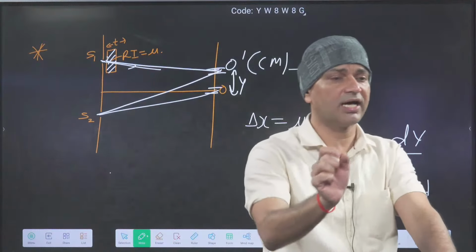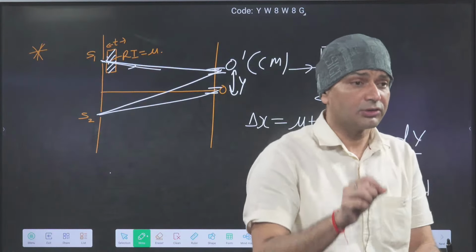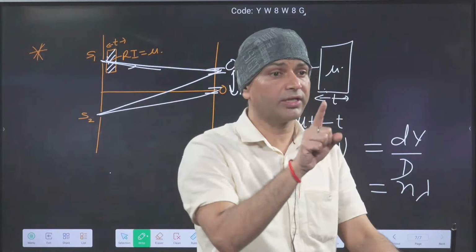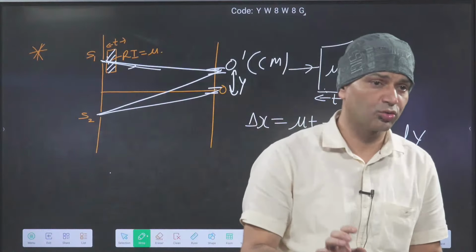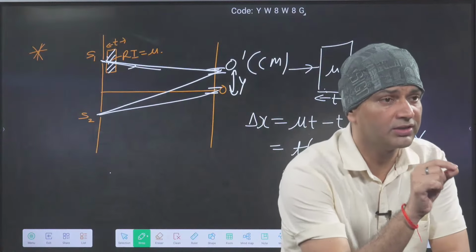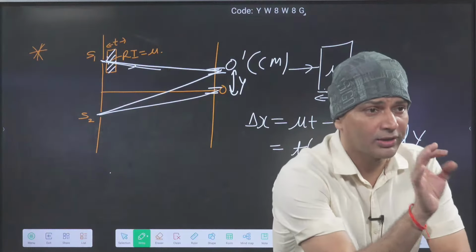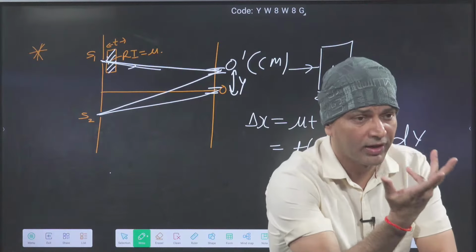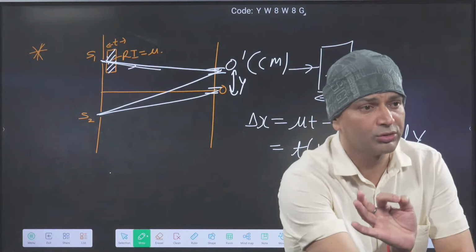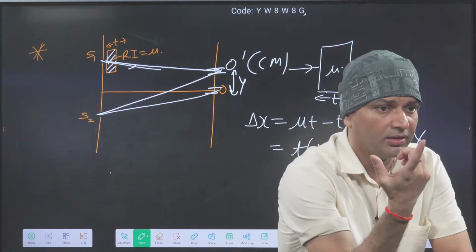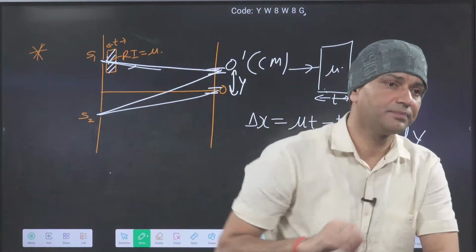If they give this type of condition, then you have to use it accordingly. Then intensity is directly proportional to width squared. But if they have not given it, then according to past PYQs, intensity is directly proportional to the width. So when they double the width, we take the intensity as double. Everybody got it or not?